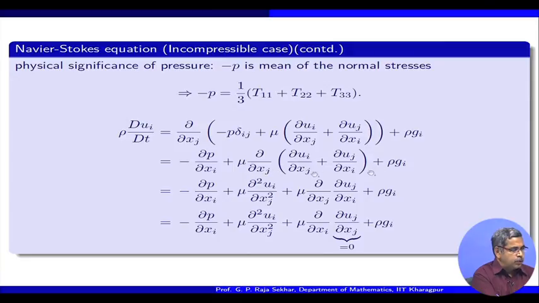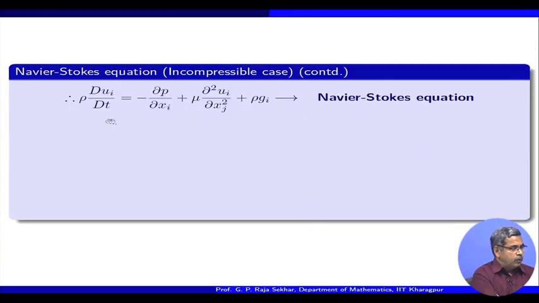Whenever x_j equals x_j, we get a double derivative with a repeated index, that is ∂²/∂x_j², whereas here there is a difference of index, so that is this term. But this is commutative, so you bring it inside, and ∂u_j/∂x_j is nothing but the incompressibility condition, the divergence of u. So this vanishes, and what we get is the Navier-Stokes equation for incompressible flow.